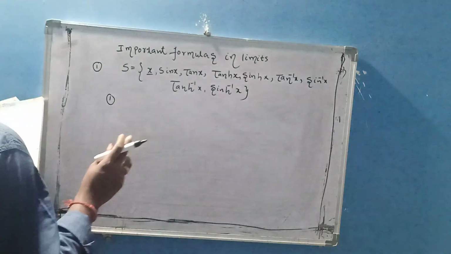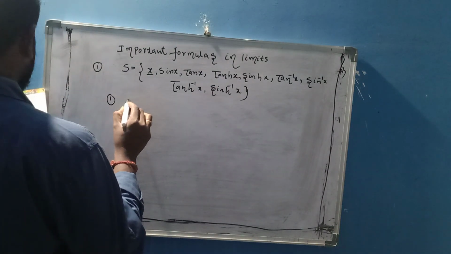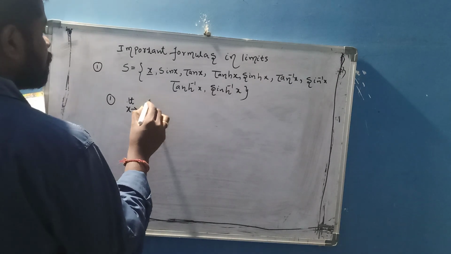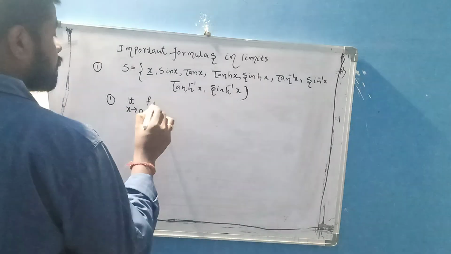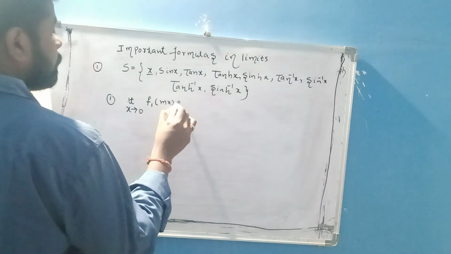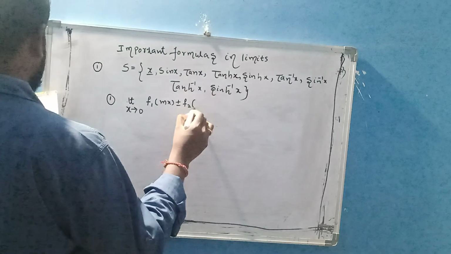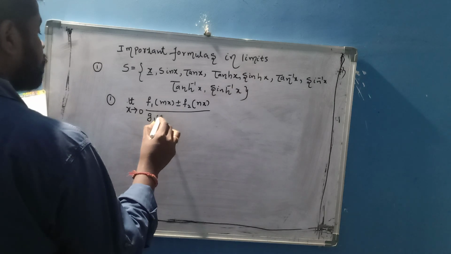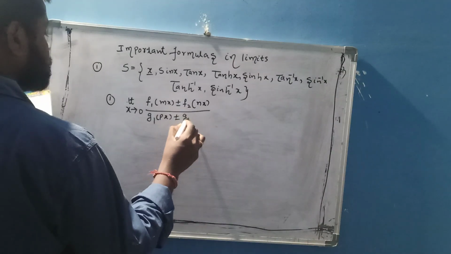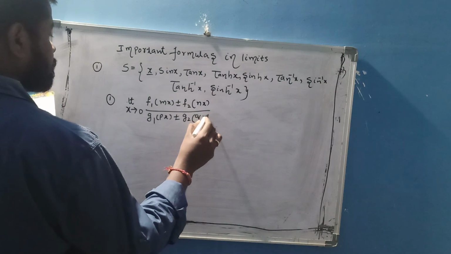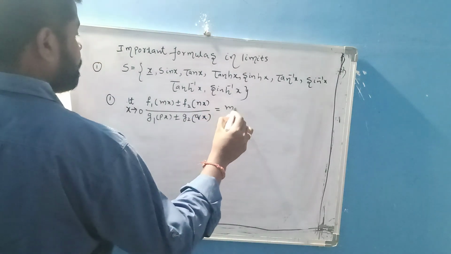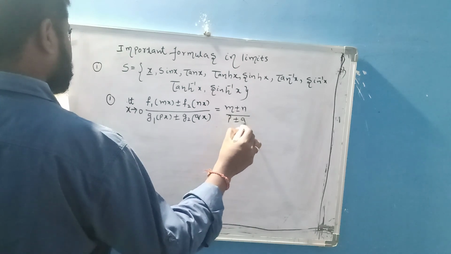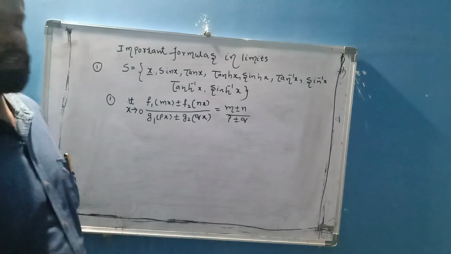Okay, first formula: limit x tends to 0 of (f1 of mx plus or minus f2 of nx) by (g1 of px plus or minus g2 of qx) is equal to (m plus or minus n) by (p plus or minus q). This is the formula.